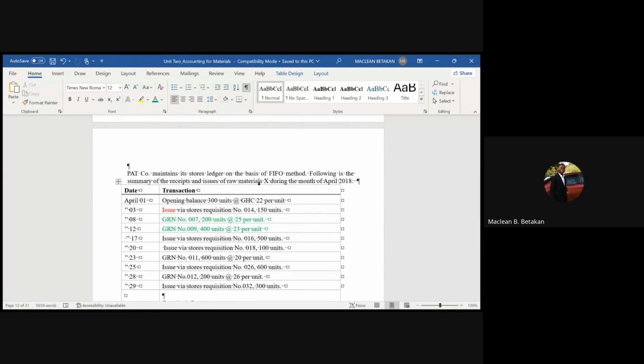The weighted average will not add the prices; we'll add the quantity together and the amount together, and then divide the amount by quantity, and we'll get the price to use to issue out. But for the FIFO method, the price you are going to use to issue out is supposed to be the item that came first. So if that item is gone, then the next item is used to issue out.